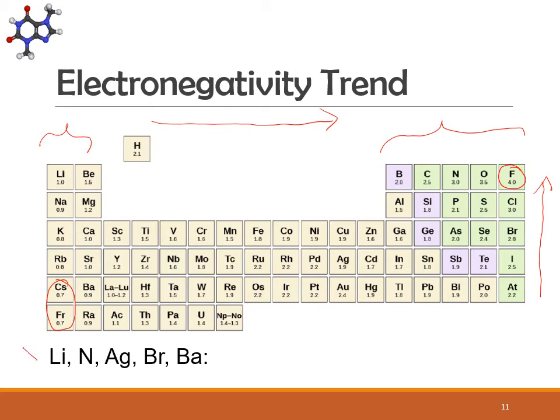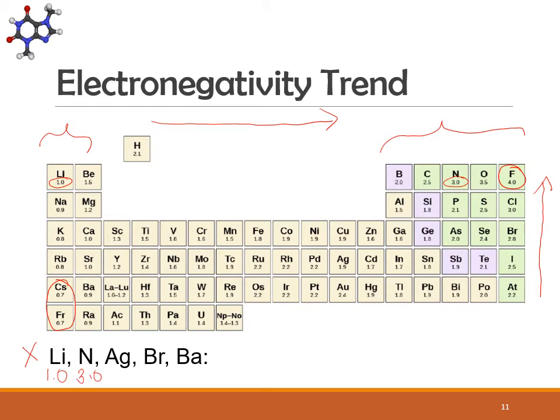Given the following elements, let us arrange them in order of increasing electronegativity. First, we need to find out what their electronegativity values are. So for lithium, the electronegativity value is 1. Nitrogen has an electronegativity value of 3.0.